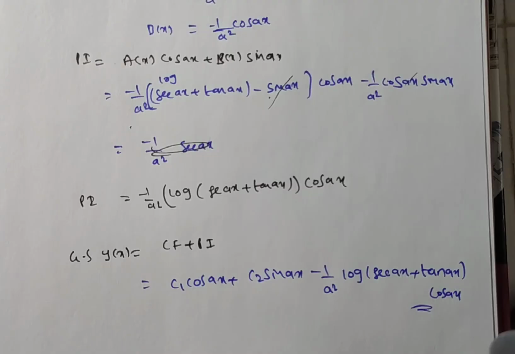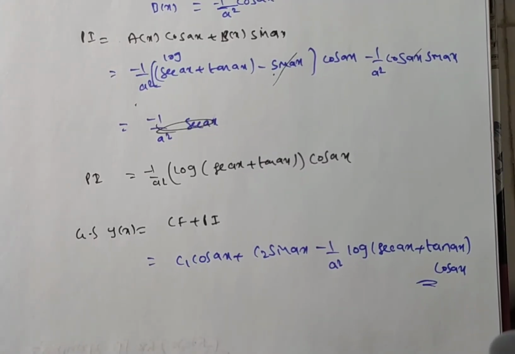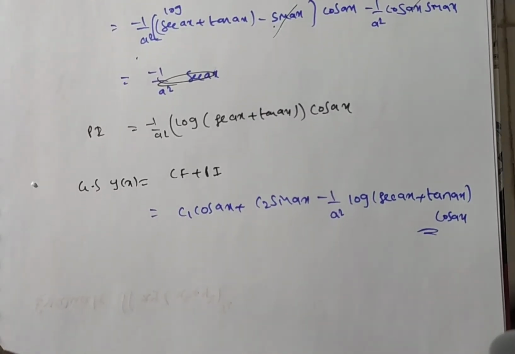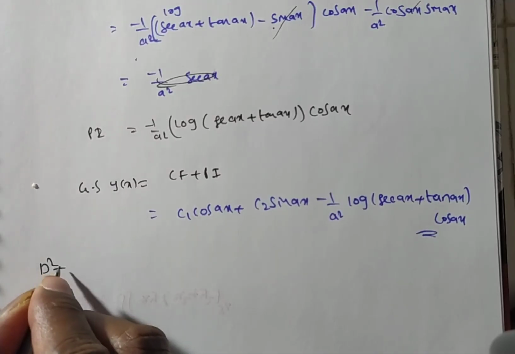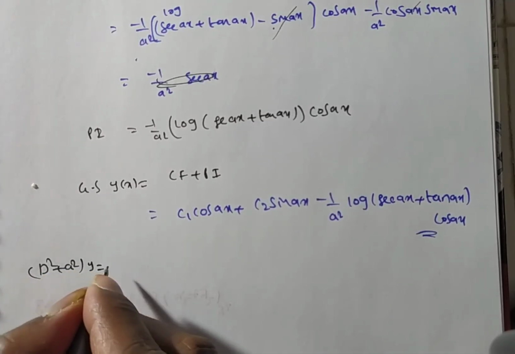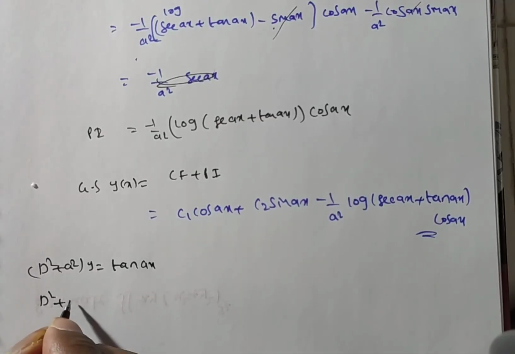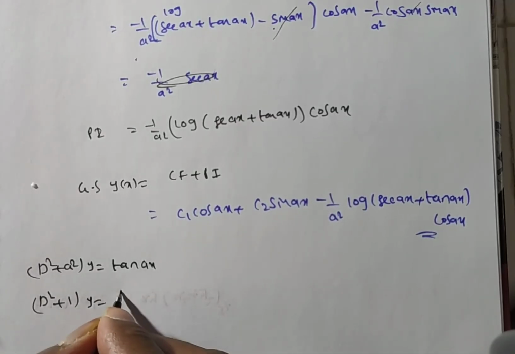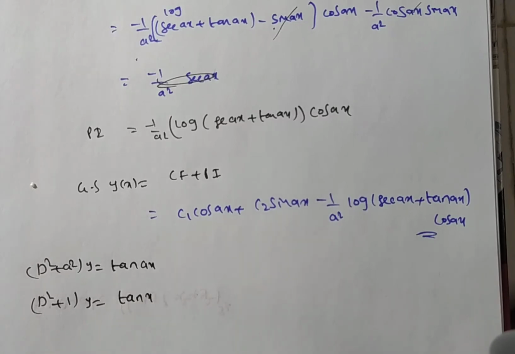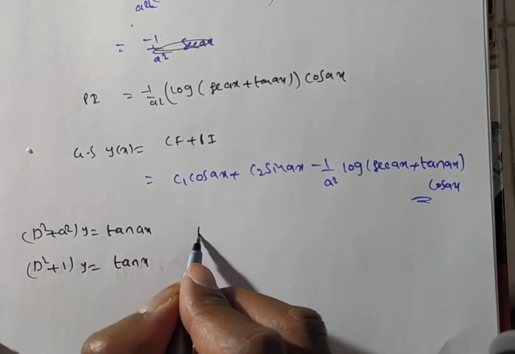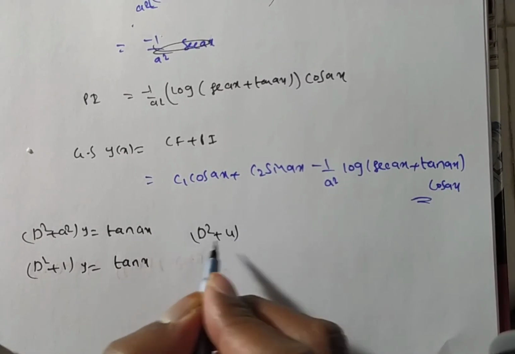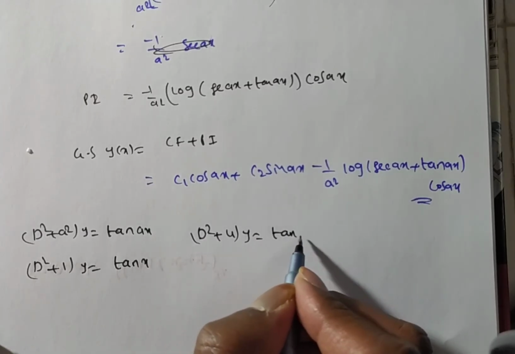Okay friends, previously they gave 4 problems. Yes or no? The first problem is D square plus a square into y is equal to tan ax. Next, second problem is D square plus 1 into y is equal to tan x. And the third problem is D square plus 4 into y is equal to tan 2x.